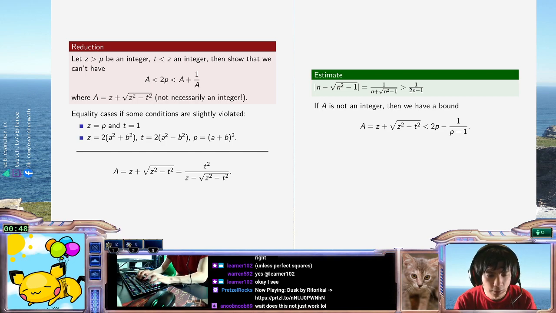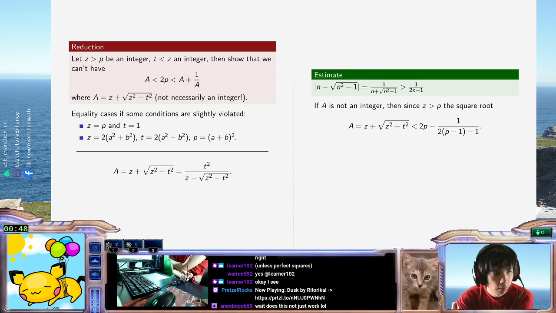So let me just... then using... Then since z greater than p, the... Okay, so that's 2p minus 2 minus 1, I guess. Wait, can I just write 2n here?